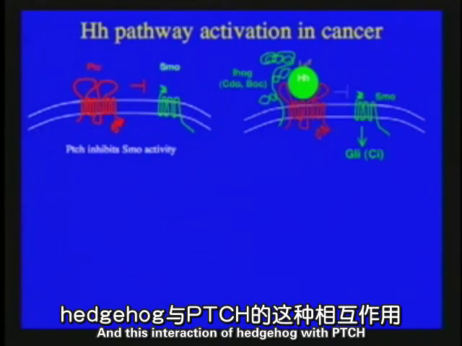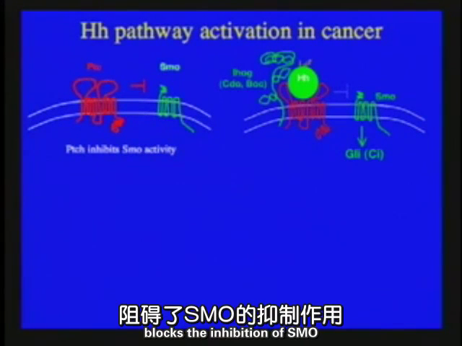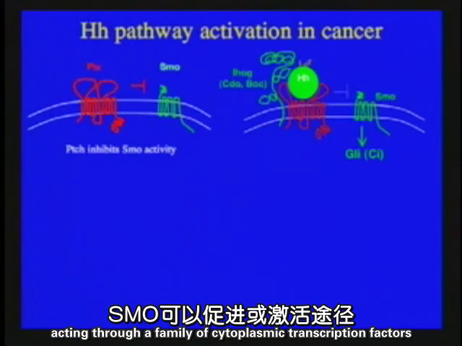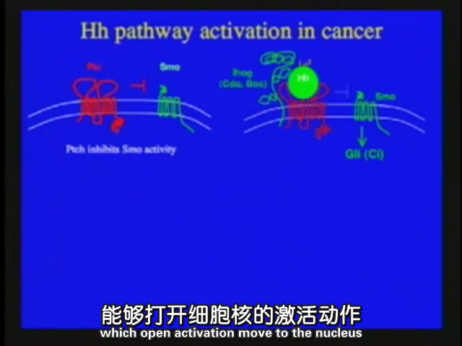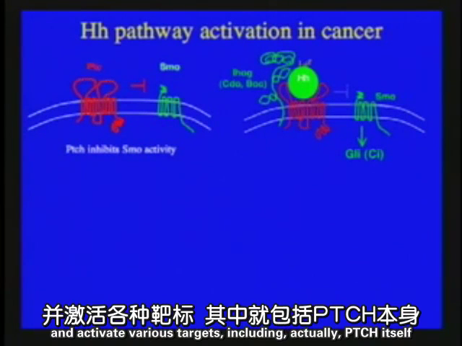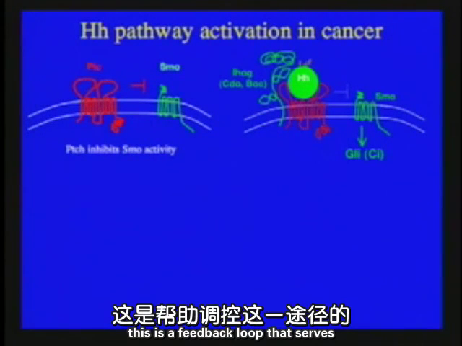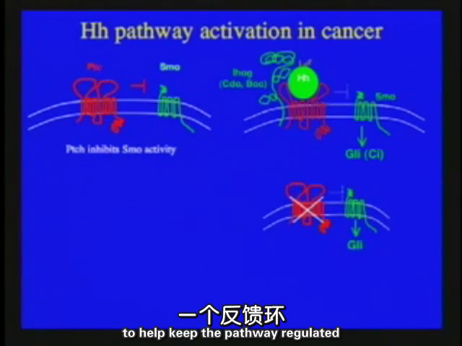And this interaction of hedgehog with patched blocks the inhibition of smoothened, so that smoothened is then free to stimulate or activate the pathway, acting through a family of cytoplasmic transcription factors, the GLI proteins, which upon activation then move to the nucleus and activate various targets, including patched itself. So patched is a target for the pathway. It's also a negative player in the pathway, and this is a feedback loop that serves to help keep the pathway regulated.